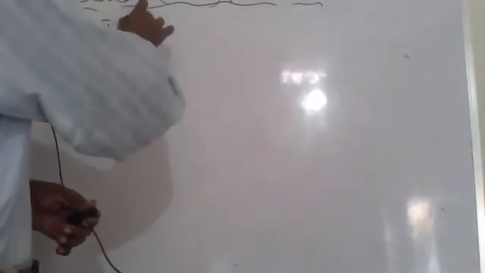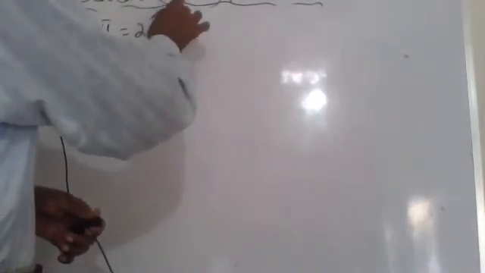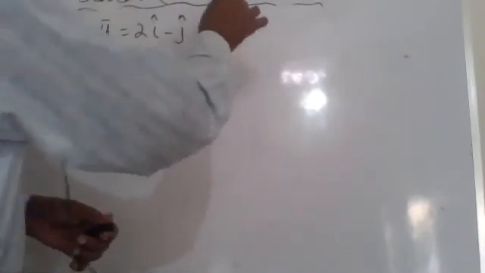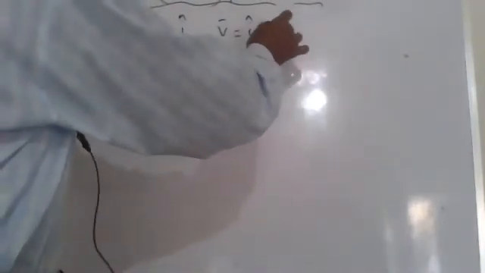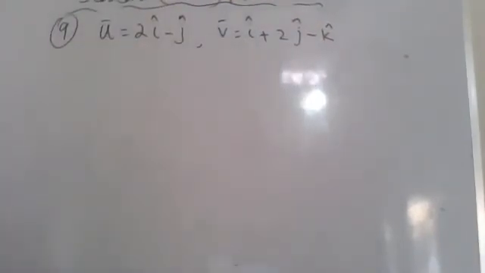u is equal to 2i minus j, v is equal to i plus 2j minus k. Find the angle between them.